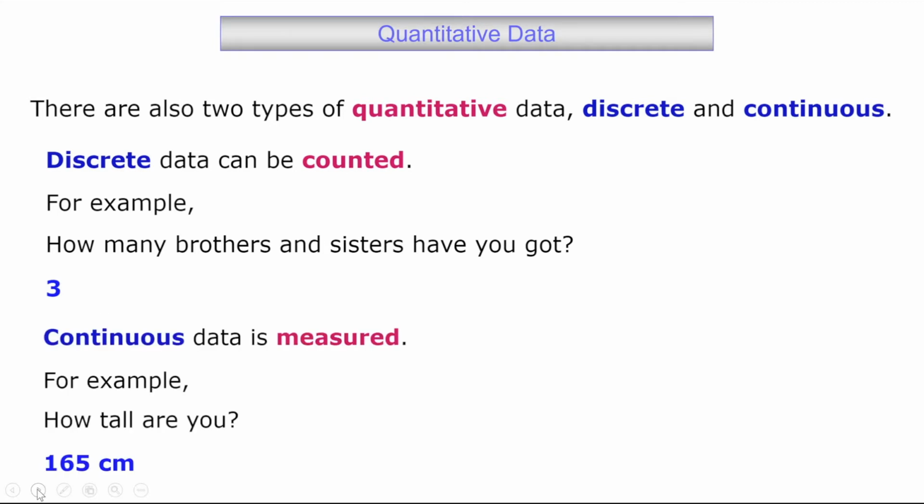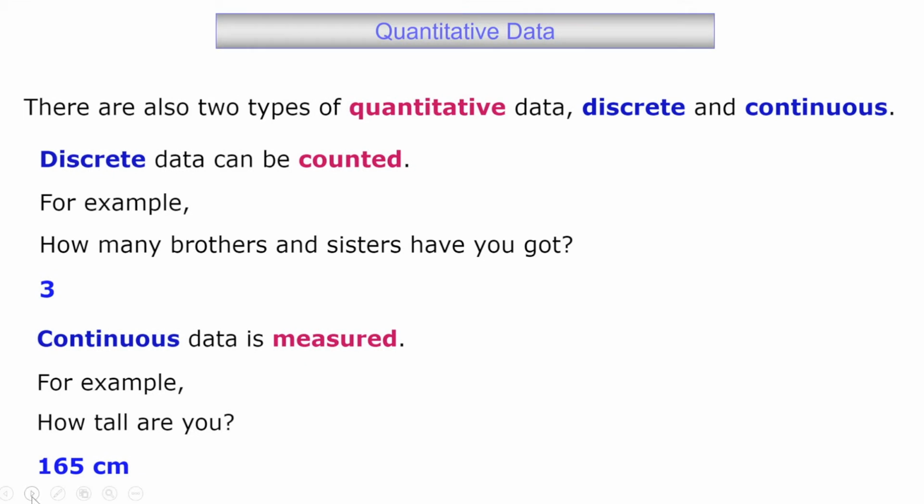Continuous data is measured. So for example here, if you were asking how tall somebody was, they'd measure themselves and they may say 165 centimetres. So that is continuous data. If you were to weigh yourselves, that's measuring your weight. That would also be continuous data.